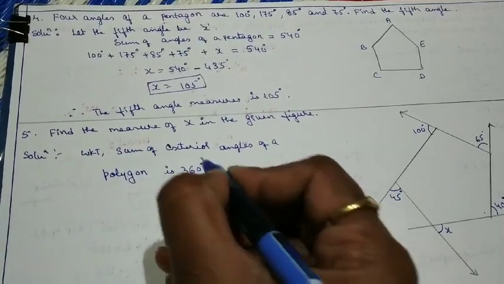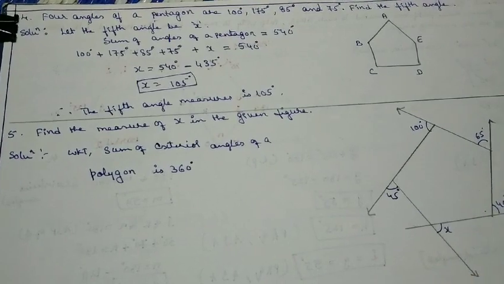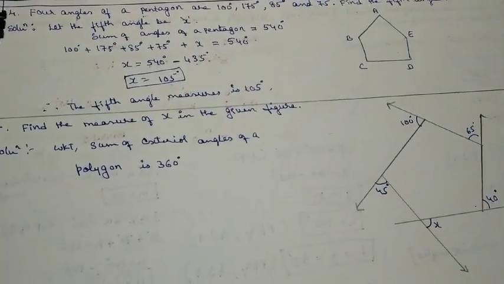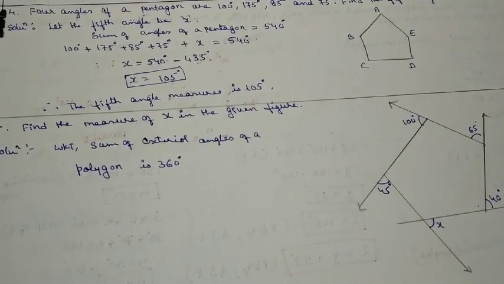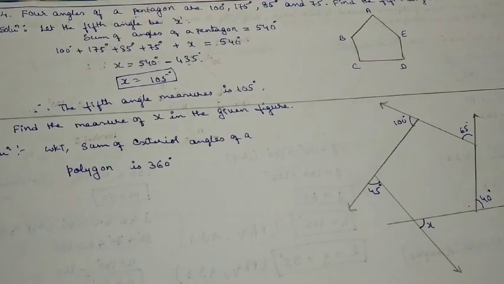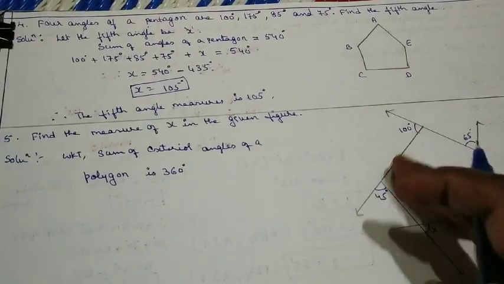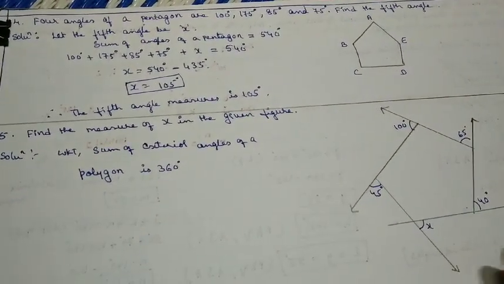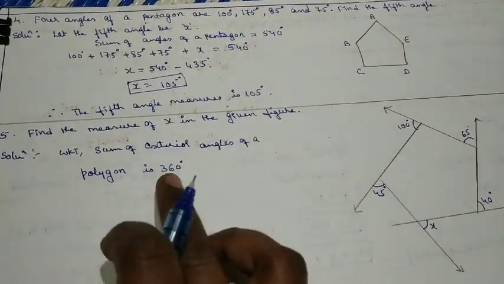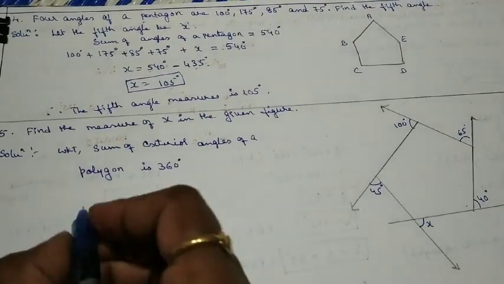Whereas ASP, the angle sum property of a triangle is 180, of a quadrilateral is 360, of a pentagon is 540 degree, and so on. But if I speak about the exterior, whatever kind of polygon is given, the addition of exterior angles gives 360 degree. With that concept we can find the value of X here.